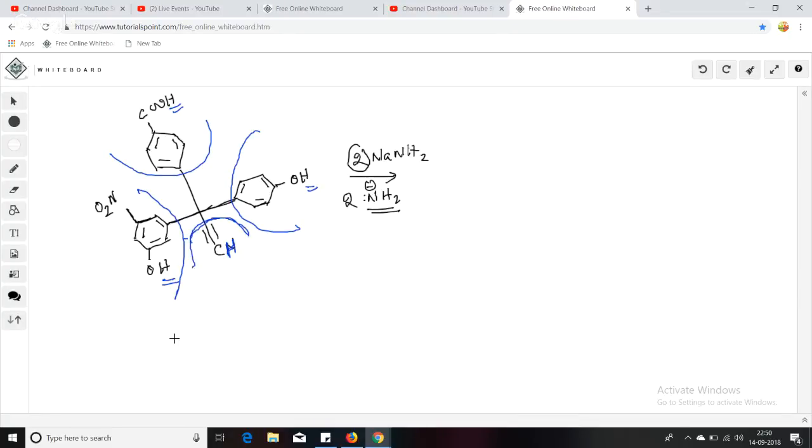If you compare the acidic nature in all of these, this is phenol and this is nitrophenol. Nitrophenol has the minus I nature of NO2. NO2 shows what kind of group? It is minus I nature.